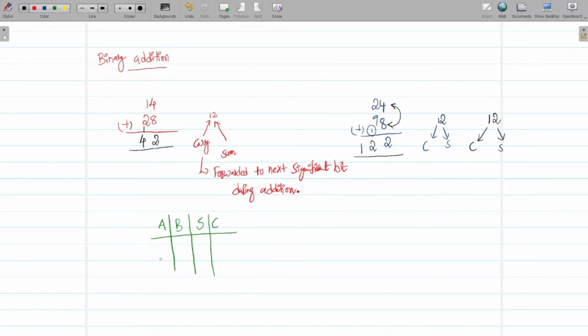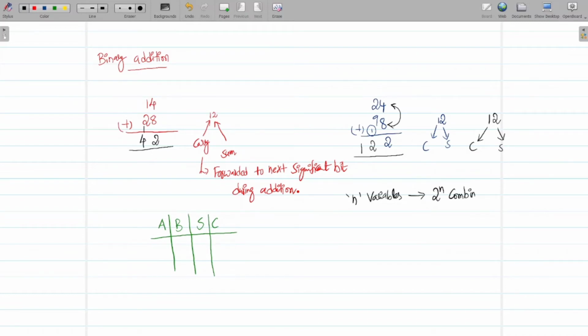Now, how can you fill this truth table? With A and B, I can have four possible combinations because A and B are two variables. With n variables or n inputs in general, I can have 2 power n combinations.